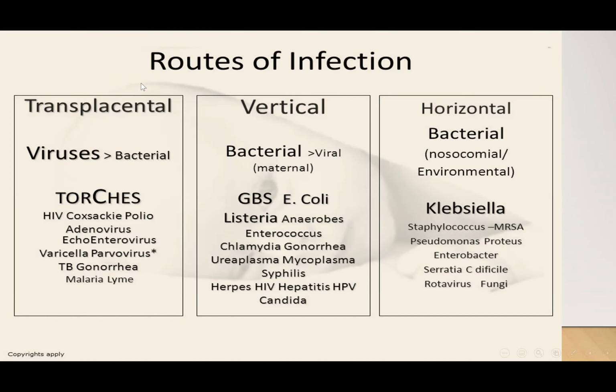It is the same area, just to remember, okay? The viral infection can come through infection of the blood, coming from the placenta to the baby. Some organisms can come through the genitourinary tract of the mother.